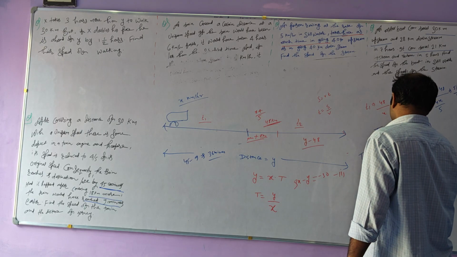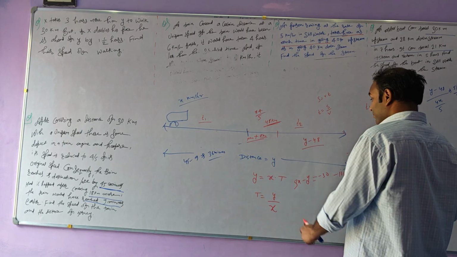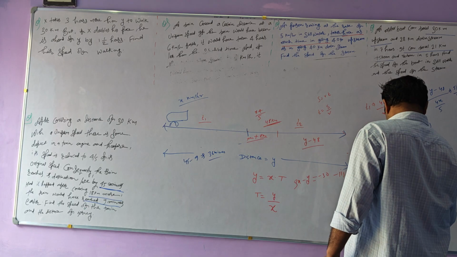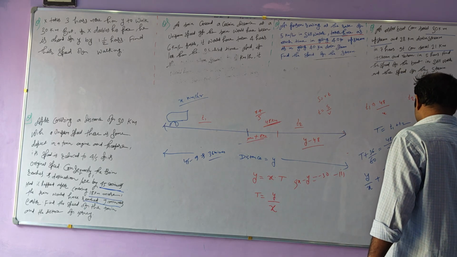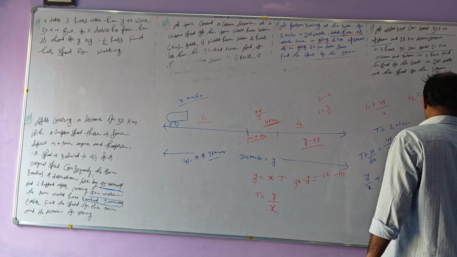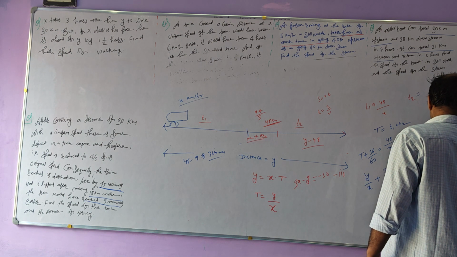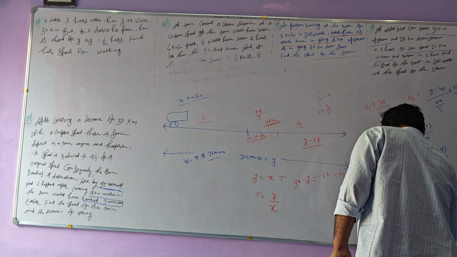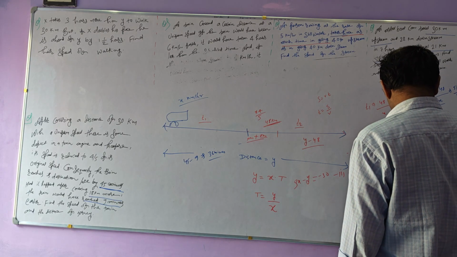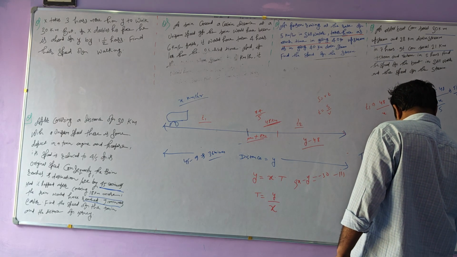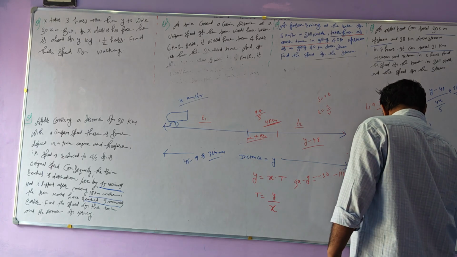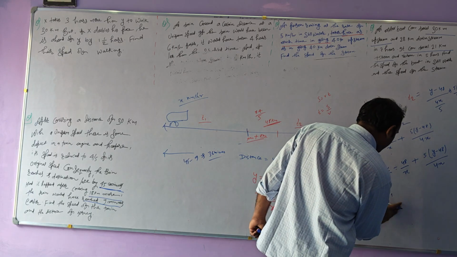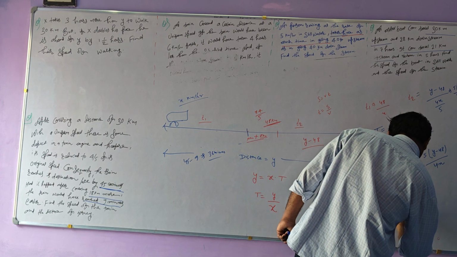That becomes 36 upon 60, and we know t is equal to y upon x plus 36 upon 60, that is 6 upon 10, which is 3 upon 5.